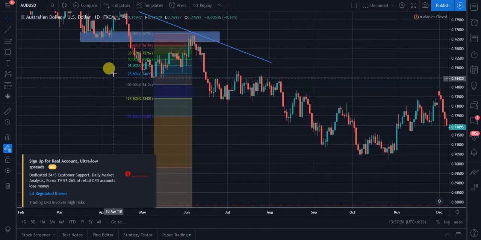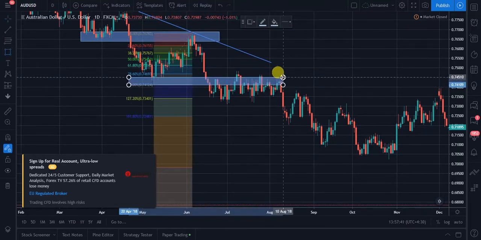So the first target we need to choose for the trade, I absolutely suggest you use the 100% for your first target. Okay guys, so this level is your first target, take profit.